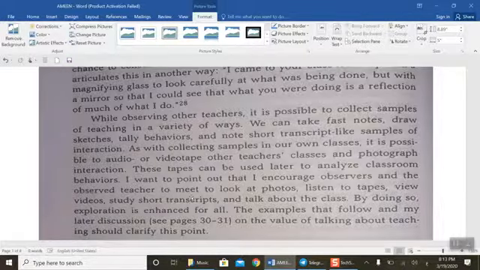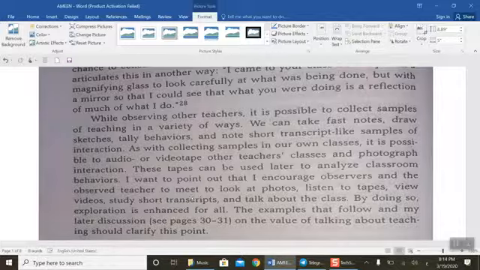I observe what is inside the class. Then, when Mr. Ahmed or Mr. Ali finishes the class, we meet with each other and talk about what was going on inside the class.